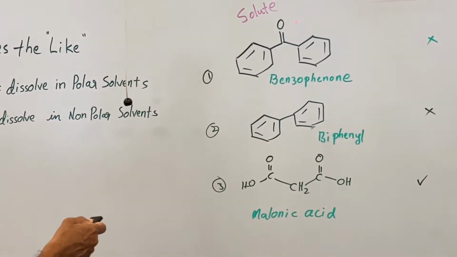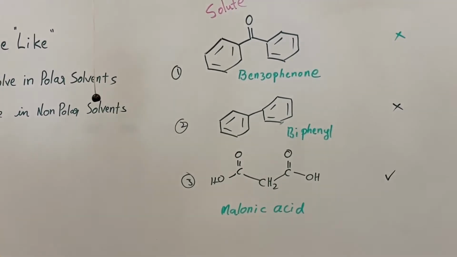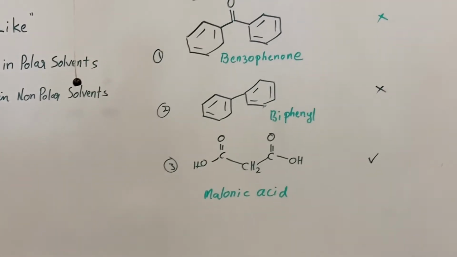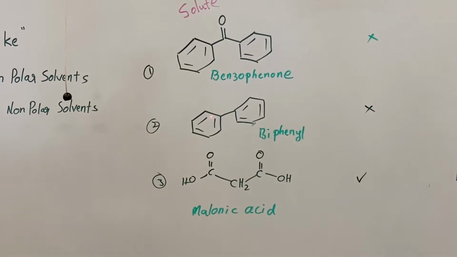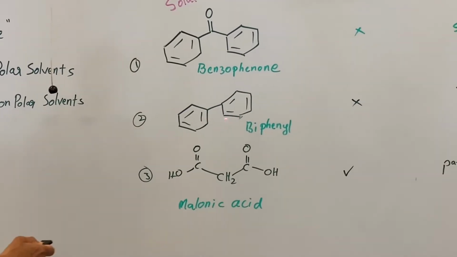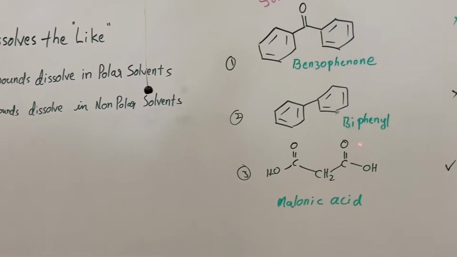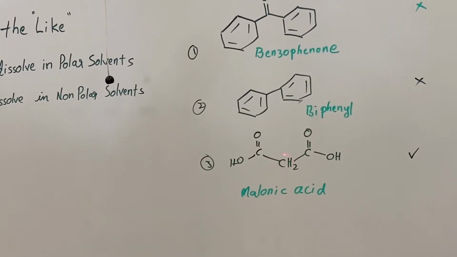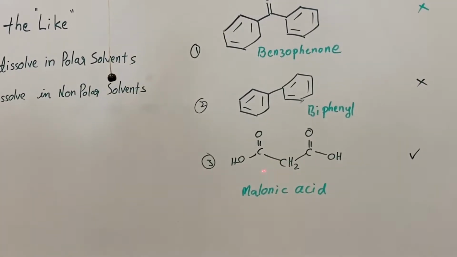That means this is semi-polar, not heavily polar, so it's intermediate. Biphenyl is completely made of carbon and hydrogen, so you can definitely say biphenyl is a non-polar compound. Malonic acid has a carboxylic acid and only one small CH2 group, which is hydrocarbon. So we can say it is very highly polar.